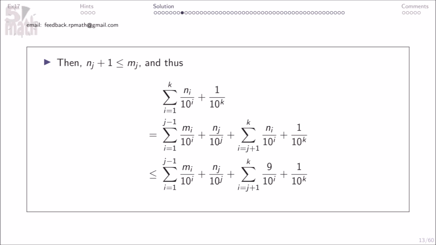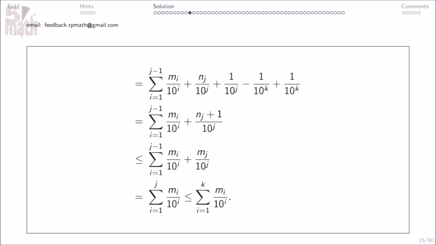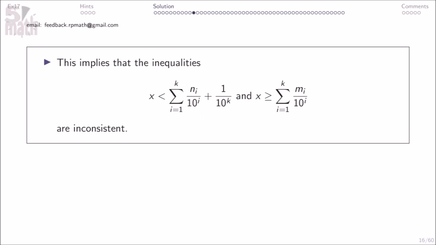Then n_j plus 1 is less than or equal to m_j, and thus the following. And the following. And the following. This implies that the inequalities here and here are inconsistent.